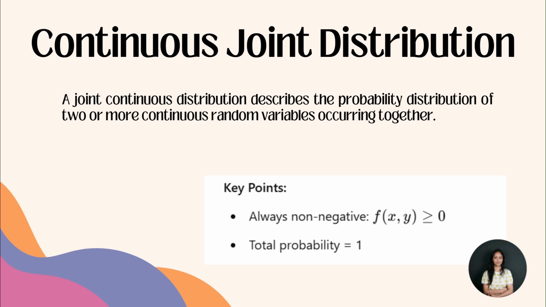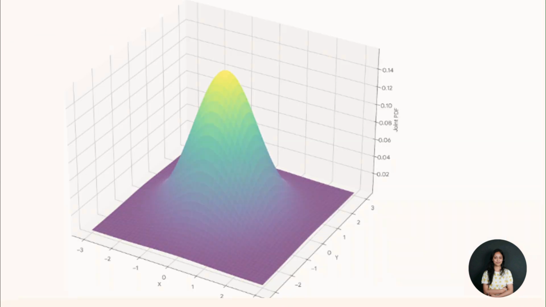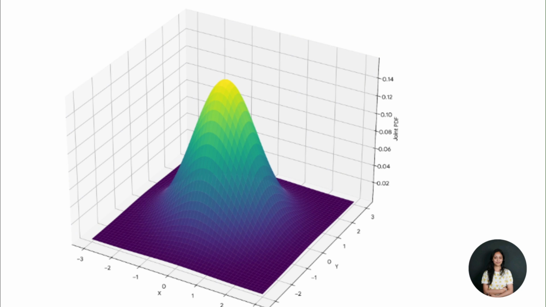For example, if X and Y represent height and weight, we cannot find the probability of someone being exactly 170 centimeters or 65 kg. Instead, we find the probability of being between 170 to 171 cm or 65 to 66 kg using integration. So this is the example.